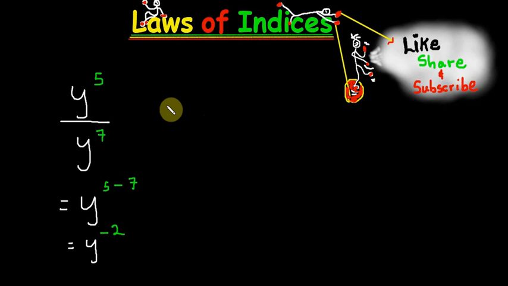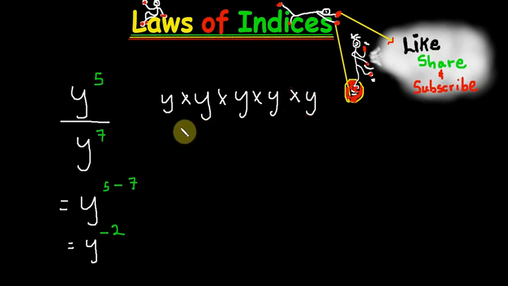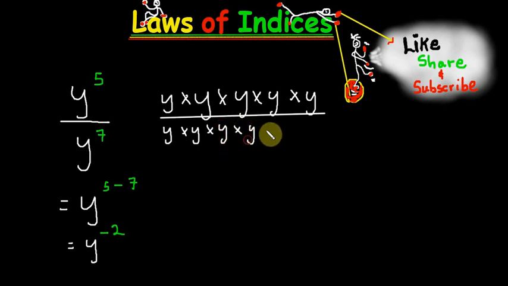Alright, so y to the 5th power is the same as y multiplied by itself 5 times. So y by y by y by y by y. Good. Alright, so we divide this by y to the 7th power: y by y by y by y by y by y by y.